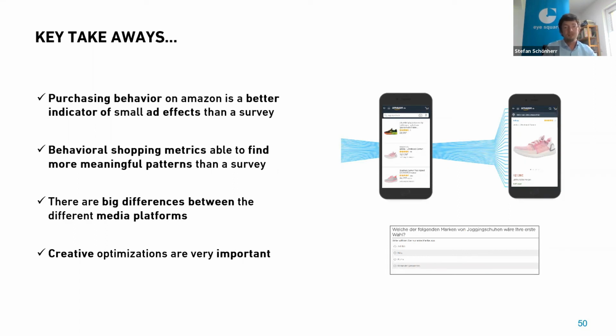Creative optimizations are very important. You've seen that Adidas with this adaptation for Instagram really created a much better creative. That's what we always see: good creatives are always very successful. I would say those are the key takeaways.